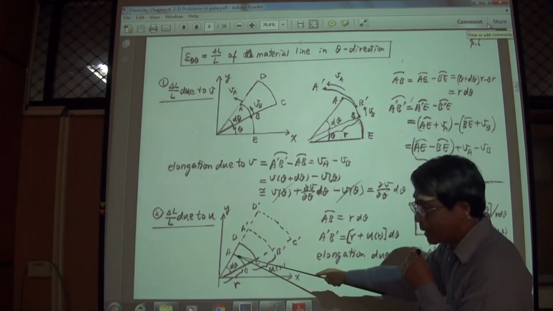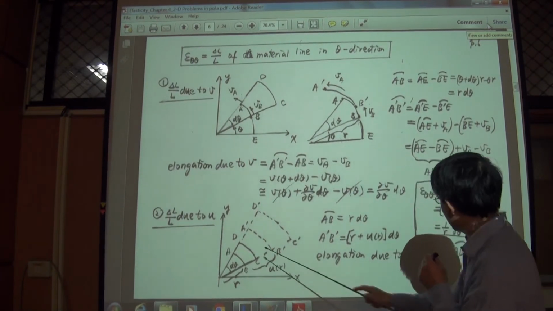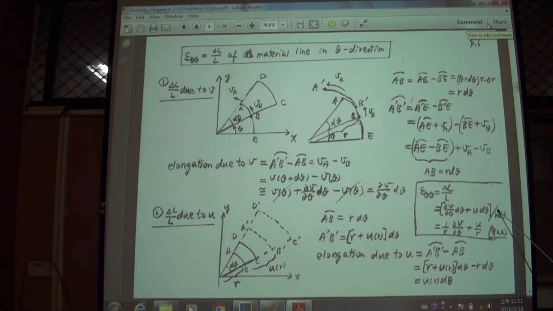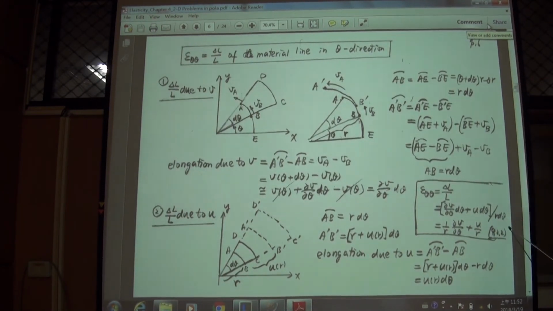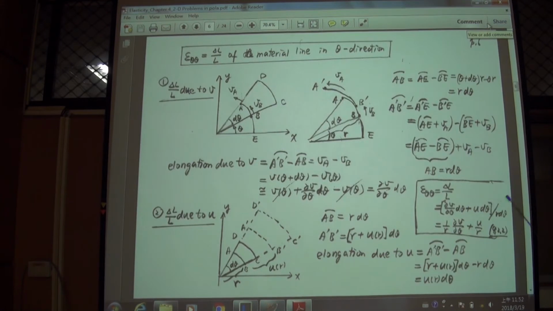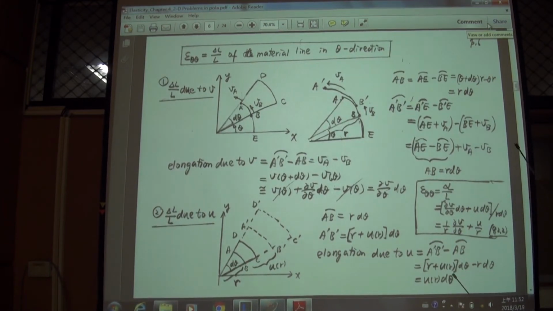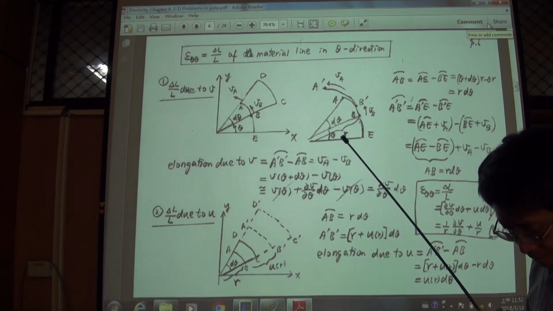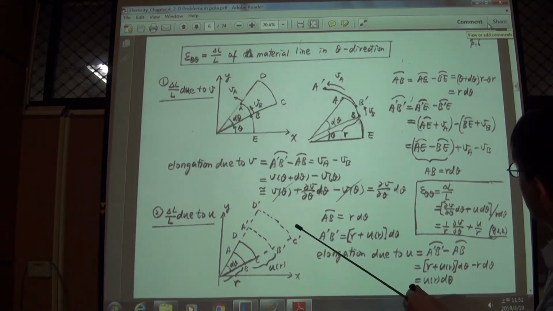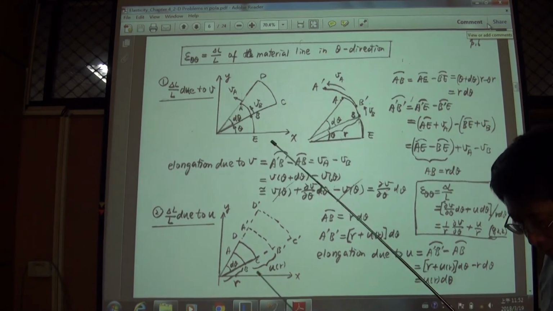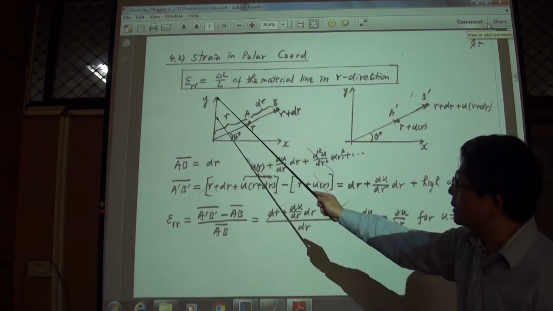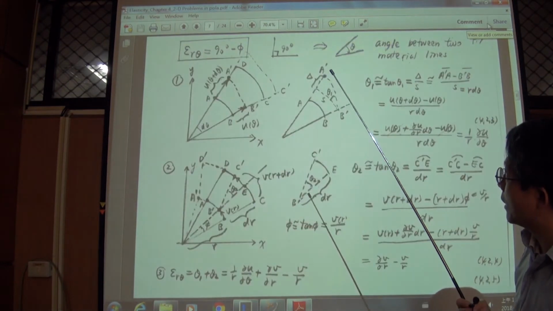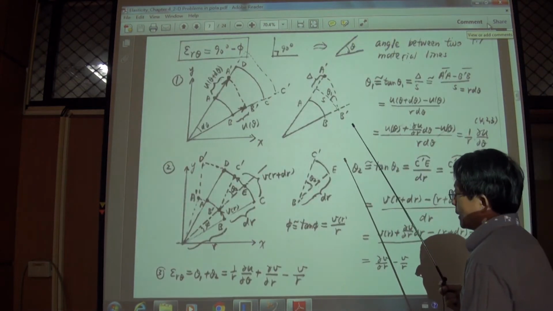A direct computation will give us this one, because d theta can be cancelled out. So in this way, we can obtain the normal strain in the theta direction easily. Now we have computed epsilon theta theta, and also we have computed epsilon RR. Now we look at the formula for the shear strain.